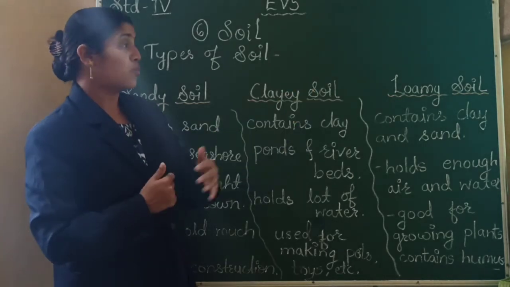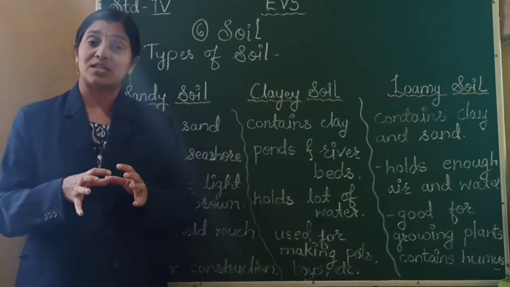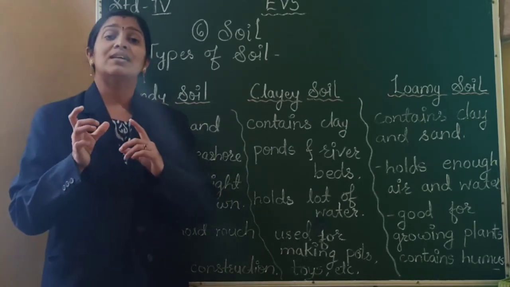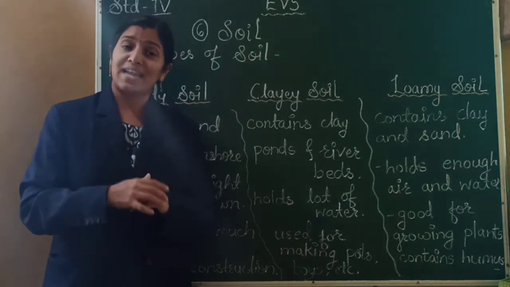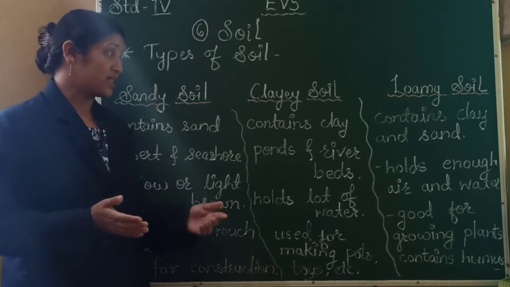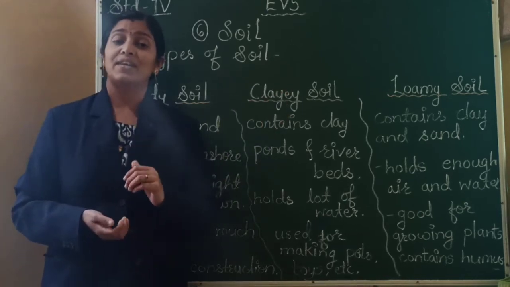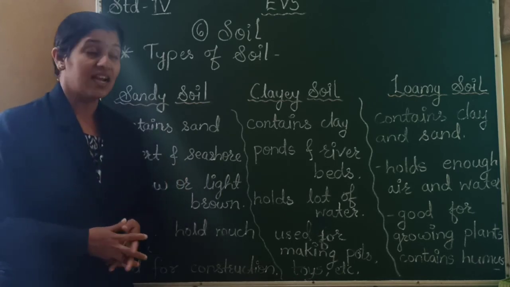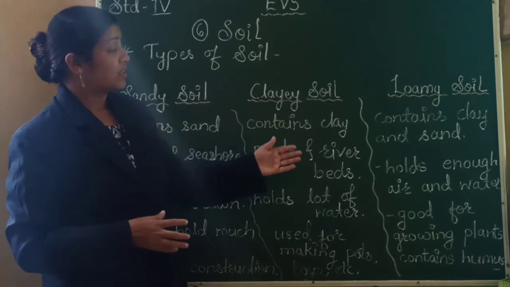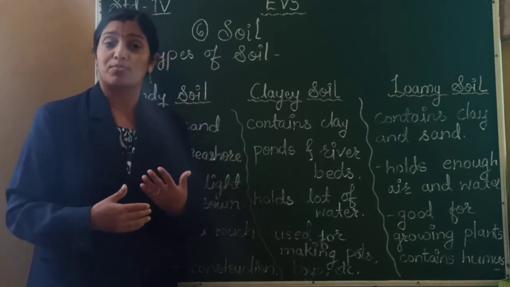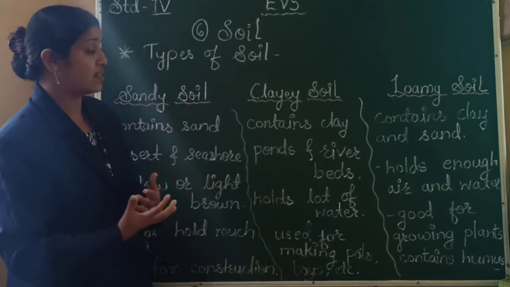This loamy soil contains humus, that is the organic matter. As I have told you, the remains of dead plants and animals are called organic matter or humus, and the loamy soil has a good portion of humus present in it, and that is why this loamy soil is the best for growing various crops, growing various plants.